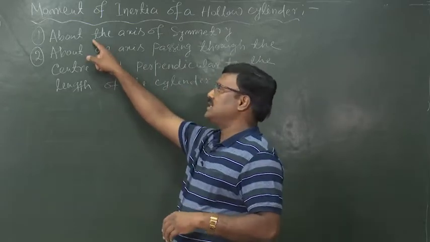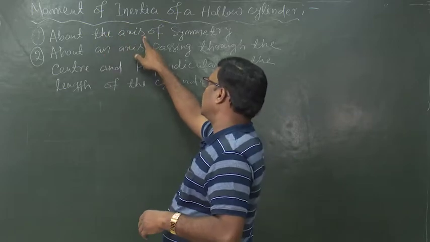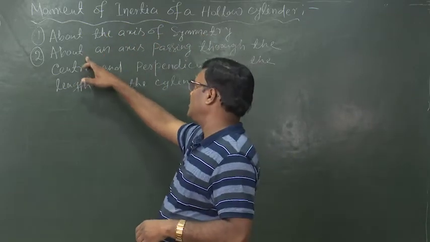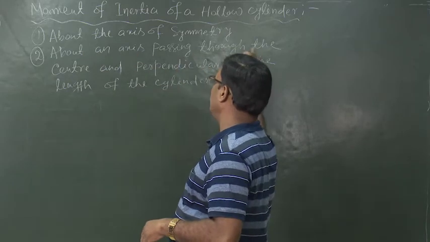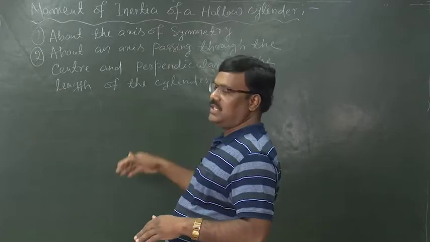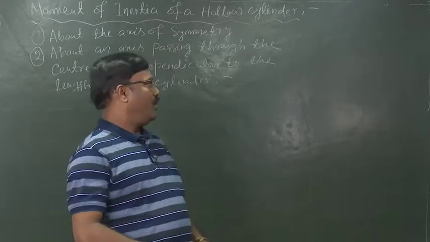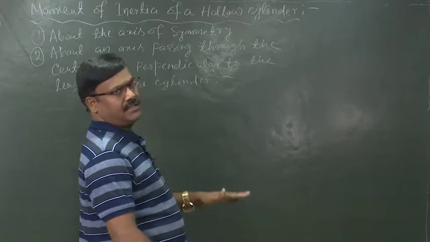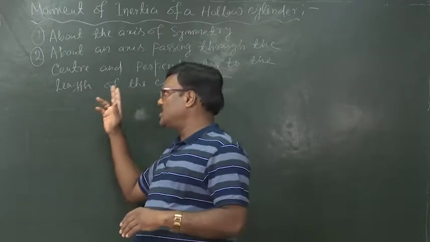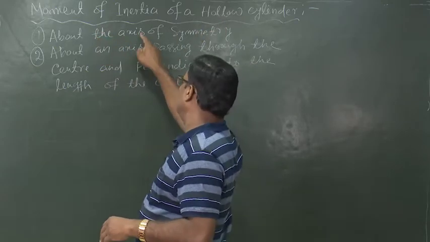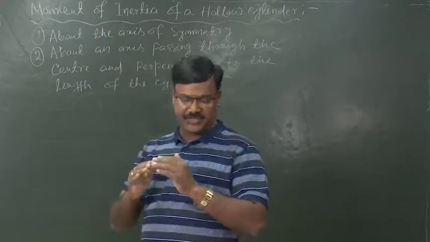The first is about the axis of symmetry, and the second is about an axis passing through the center and perpendicular to the length of the cylinder. Before going to the second one, let us first derive the expression for the moment of inertia of a hollow cylinder about the axis of symmetry.